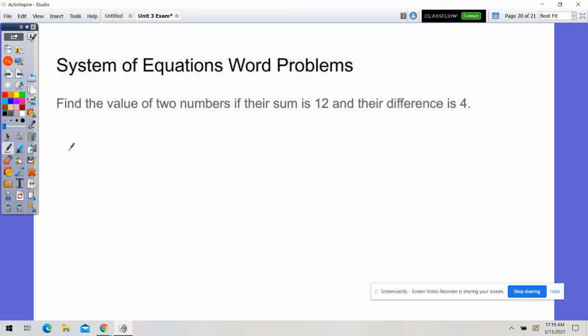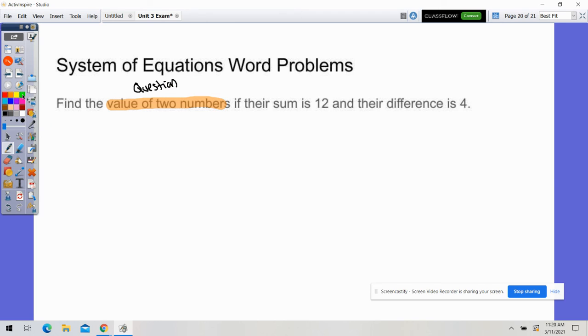Okay, so let's highlight some important information here. First, they want us to find the value of two numbers, right? That's our question. So let's write that down. That's what we're trying to answer.